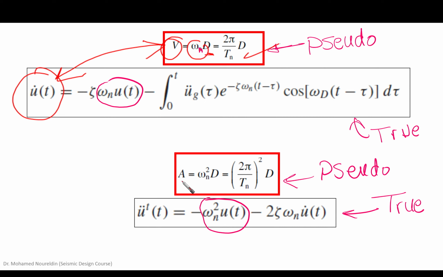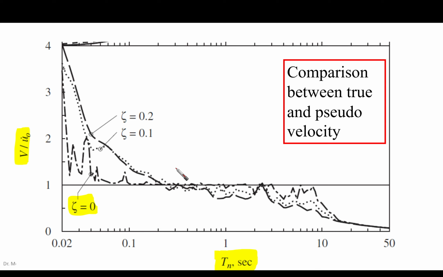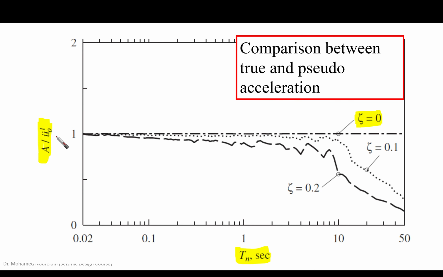Here, for the acceleration, in similar fashion, we can do the same: the true acceleration versus the pseudo acceleration. We drew them already. Here is the pseudo acceleration versus the true acceleration.